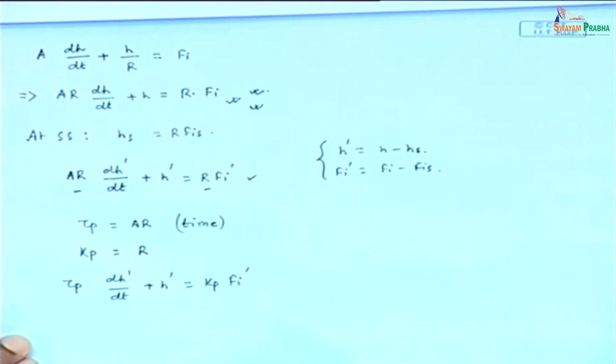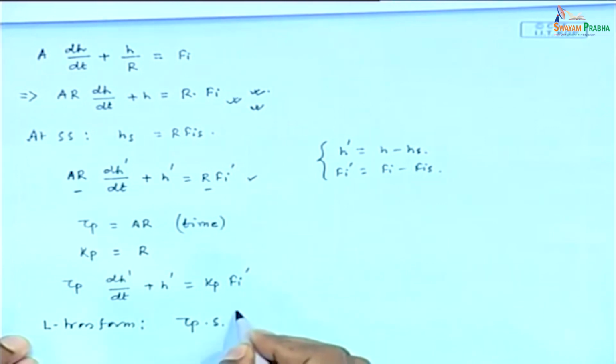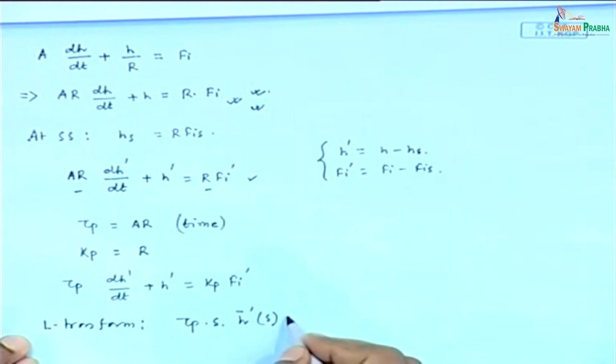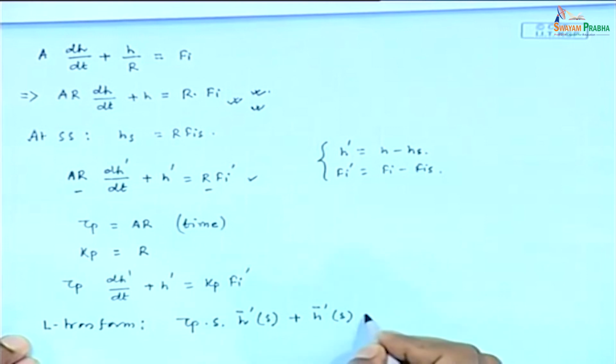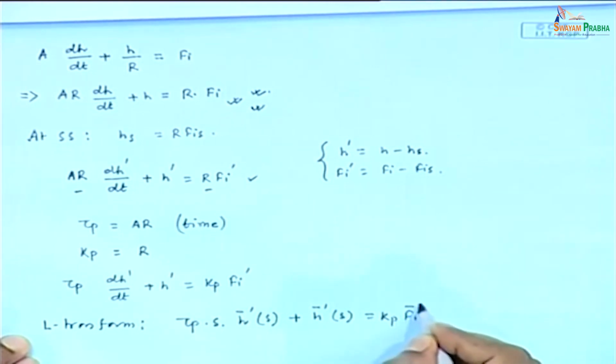Again we will take Laplace transform of this. Then we get tau p s H bar prime(s) plus H bar prime(s) equal to Kp Fi bar prime(s).